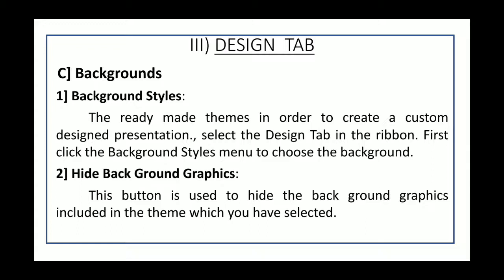Select the design tab in the ribbon and then click the background styles menu to choose the background. It is also predefined. Whichever background you want, you can select from this option. You can choose the background for your PowerPoint presentation.